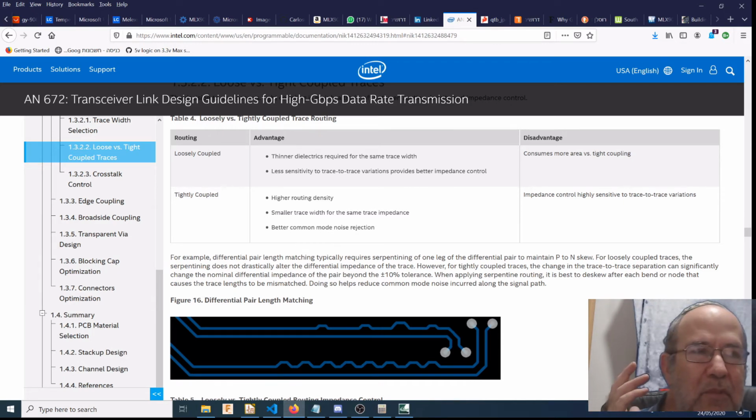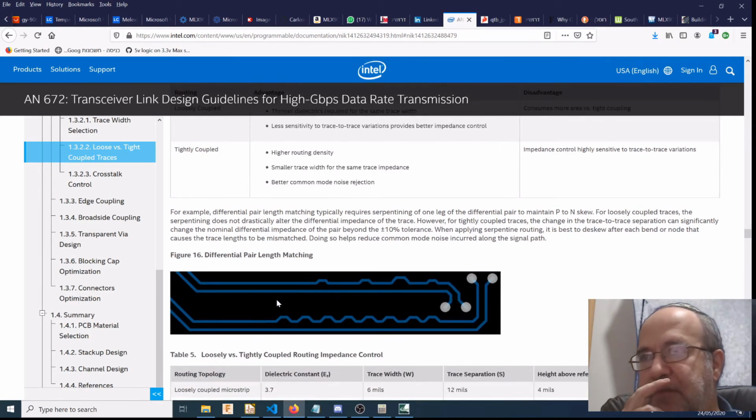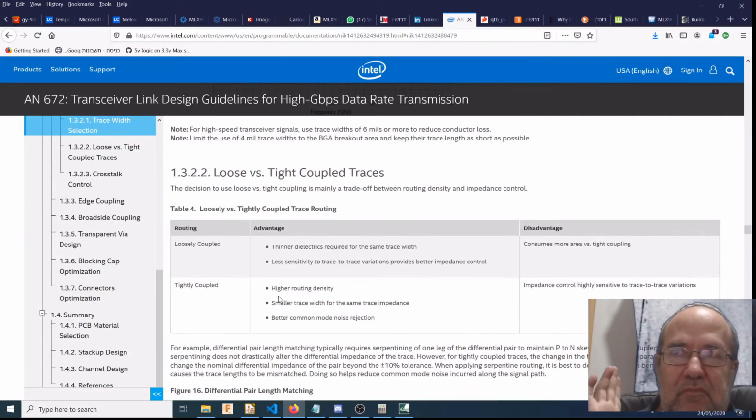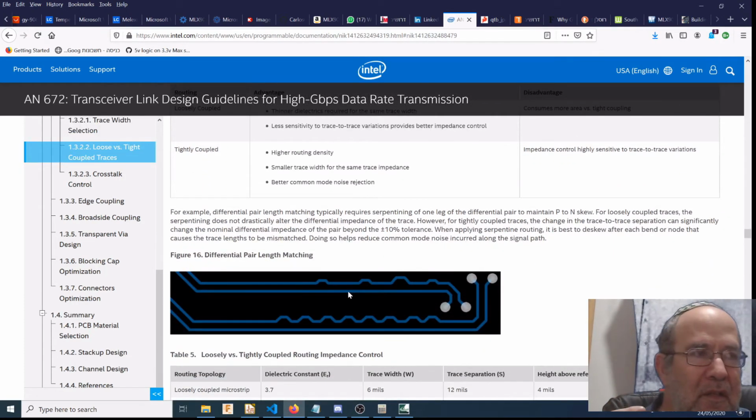The common wisdom today is to loosely couple differential pairs. Okay. I've just basically described what is loose versus tight differential pairs. Okay.